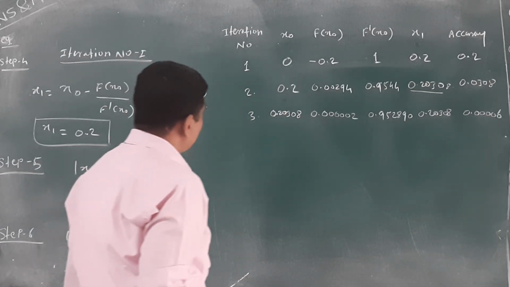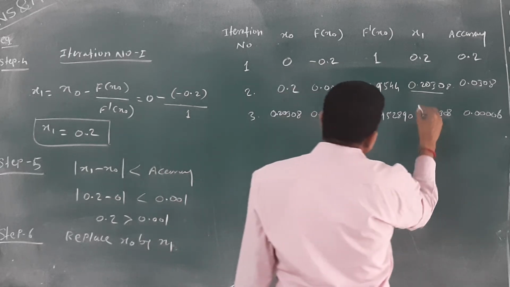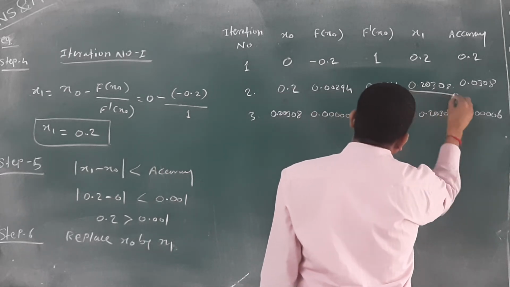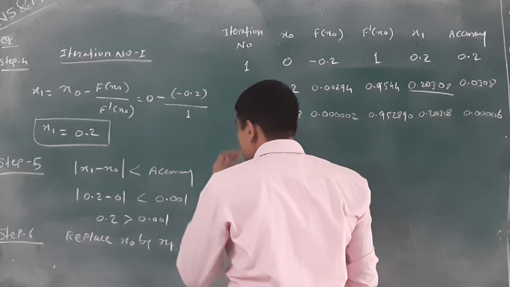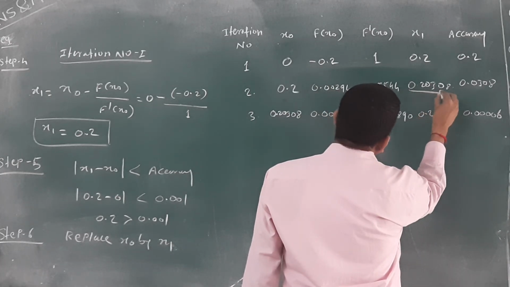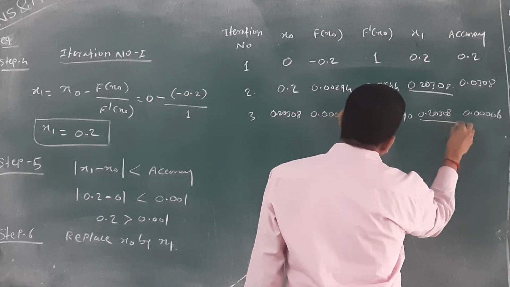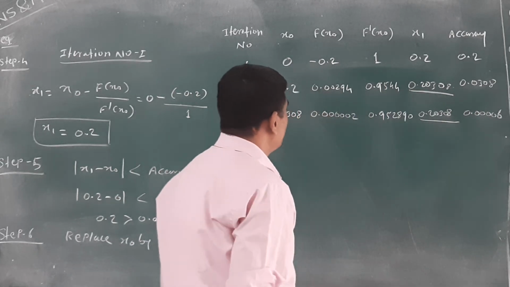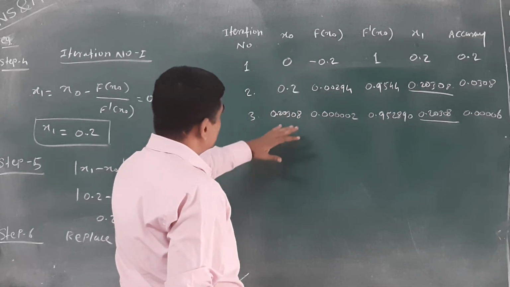Then check these values: x1, x2 and x3. Here we want to calculate the accuracy up to 3 decimal points. Here it is 0.20308, and here also 0.20308. That means we will stop the iteration here.